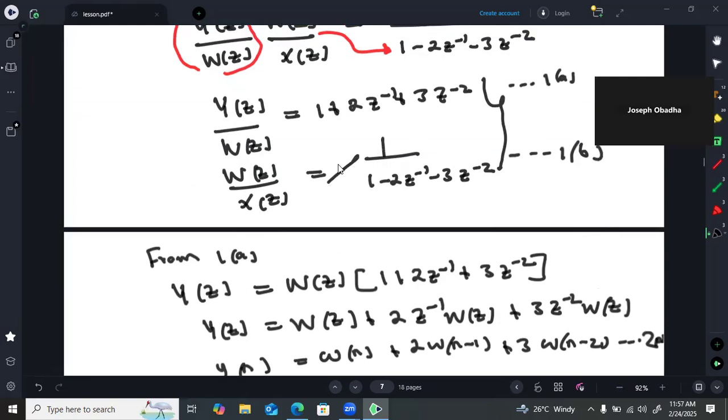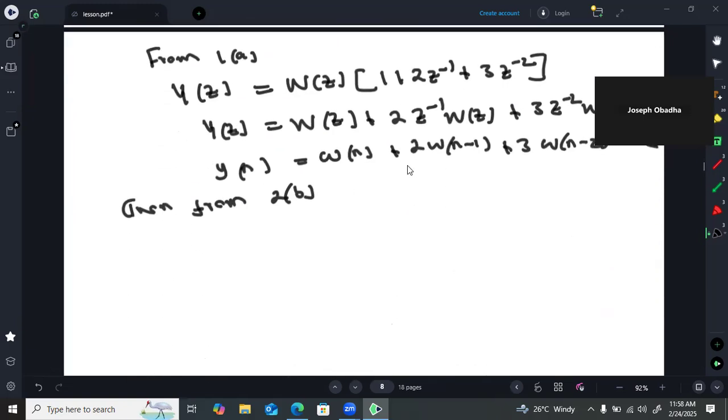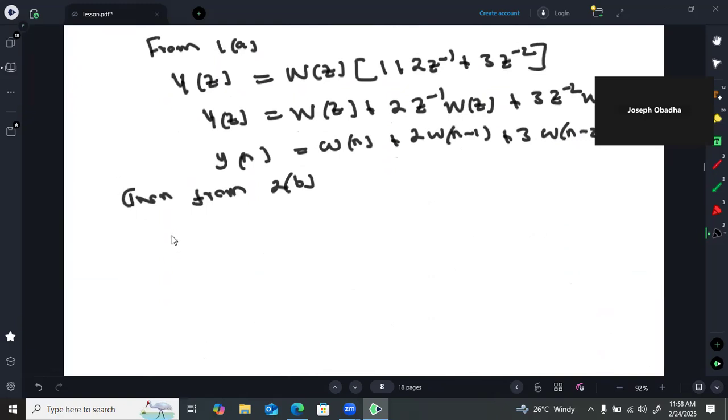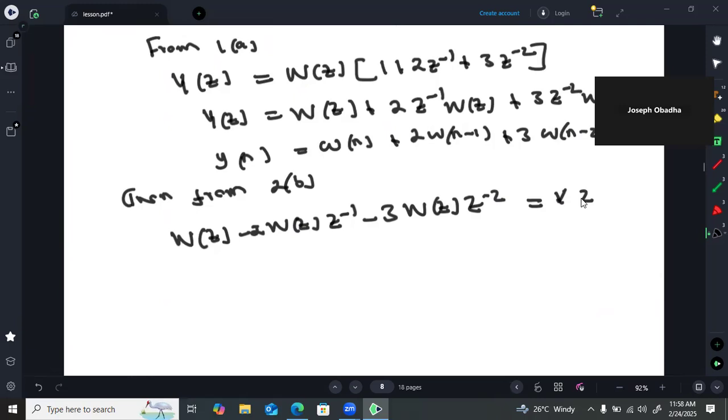I can cross multiply so that I have W of z minus 2 W of z z negative 1 minus 3 W of z z negative 2 equal to X of z.